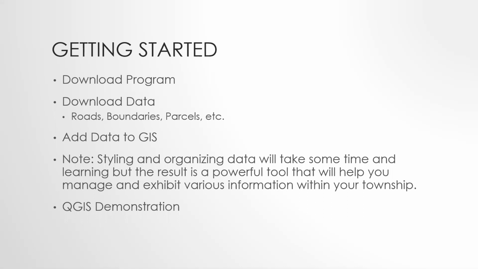A thing to note here is that styling takes a lot of time to make things look right, because when you first download it in, it's just going to be lines or one solid color, and it takes some time to break it down and make things look right. So it is a process, and it does take some learning, but at the end of it, you're going to have information that's very easy to understand.